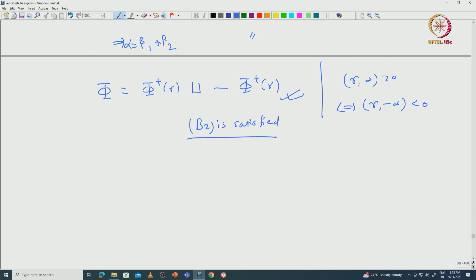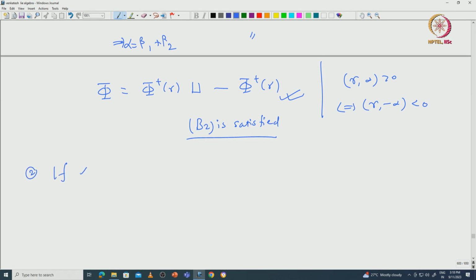So, we need to check B 1, that is, the elements of pi of gamma must be linearly independent. So, let us check that. Why are the elements of pi of gamma linearly independent? That is because one can check it is geometrically constrained. Here is the second claim.